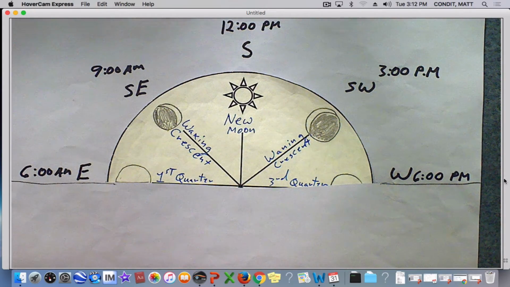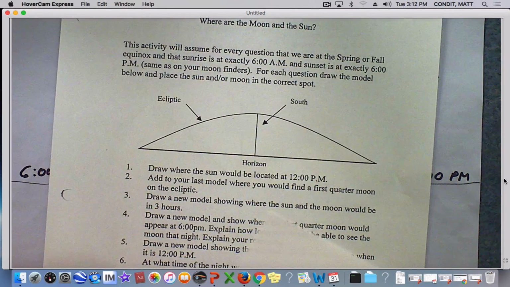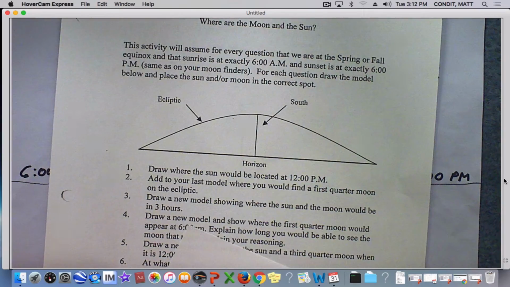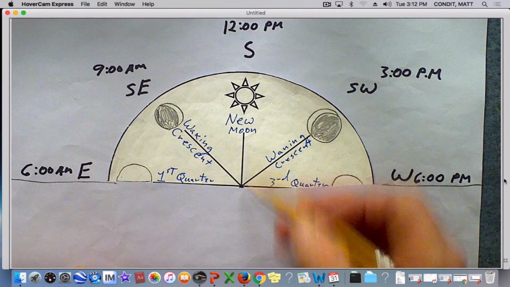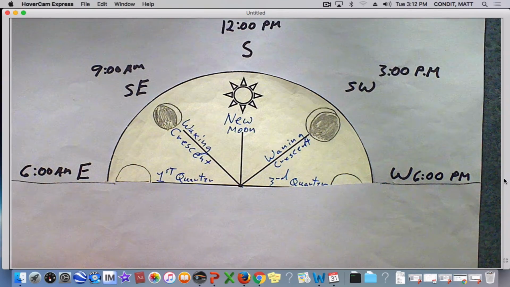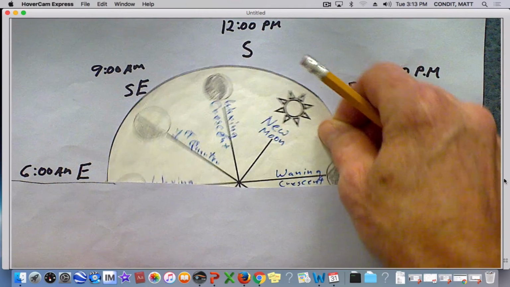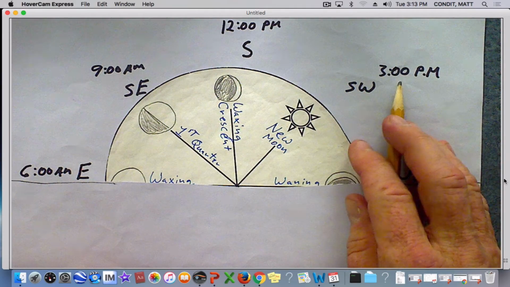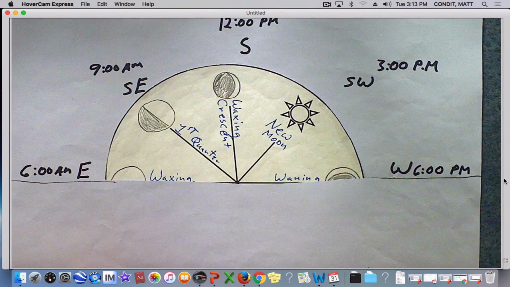Then it says, draw a new model showing where the sun and moon would be in 3 hours. Remember, each of these spokes covers a 3-hour period of time. So in 3 hours, the sun is now going to be at the 3 o'clock position, and notice that the first quarter moon has moved much higher up in the sky.